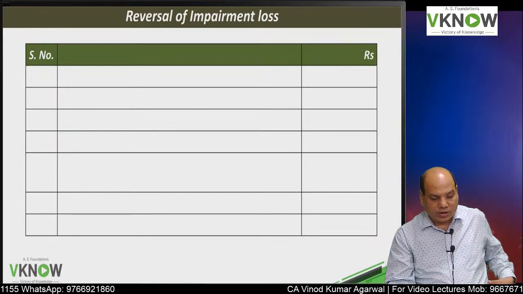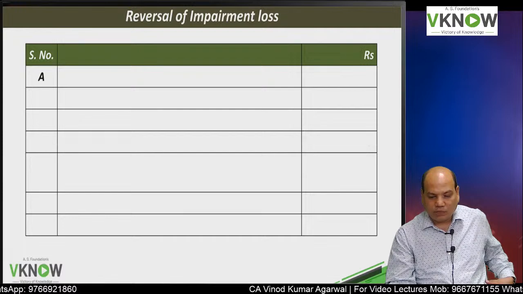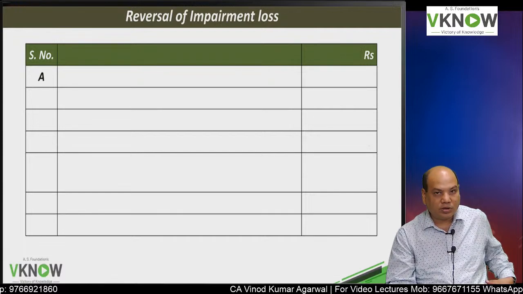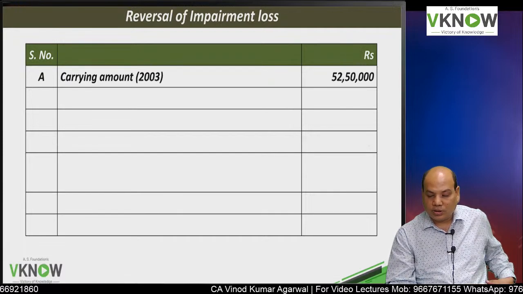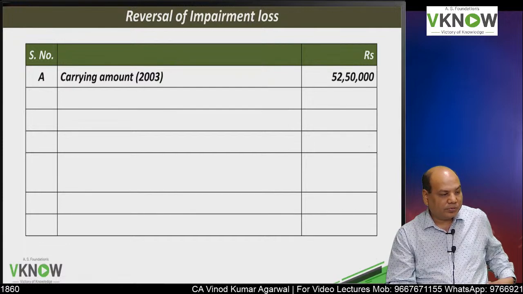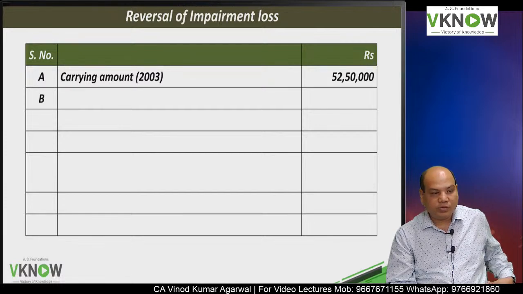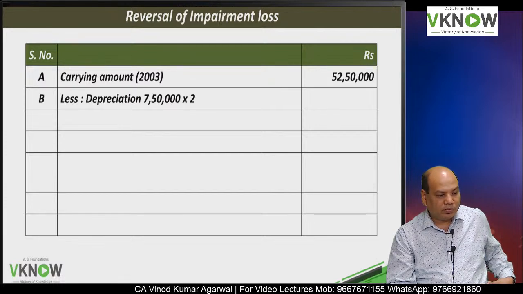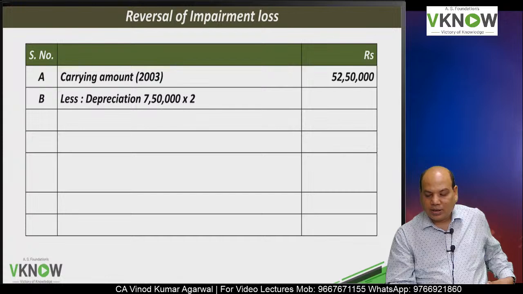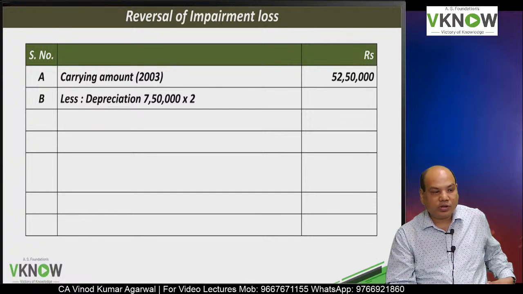So let us write the answer for reversal. A very, very important question we are solving. Question number 3030, not in your study material. First, write down point A, carrying amount 52,50,000. Point B, less depreciation, 7,50,000 into 2.